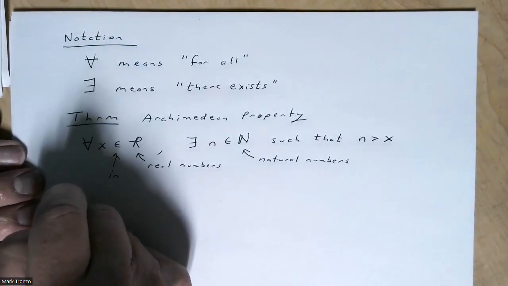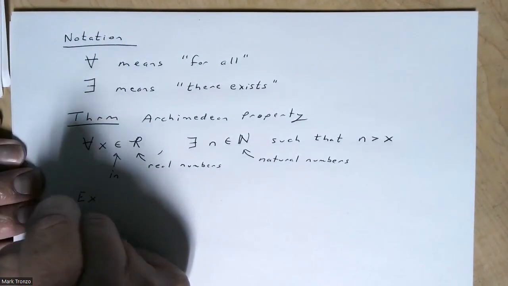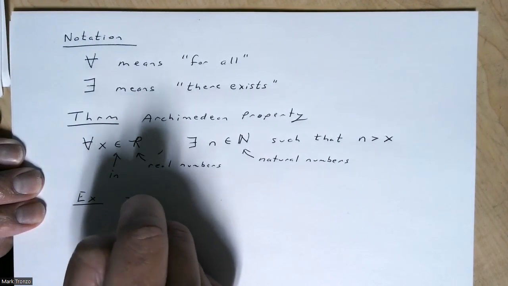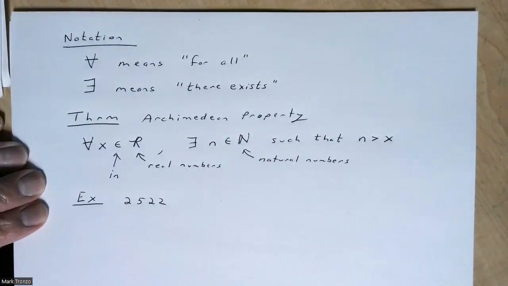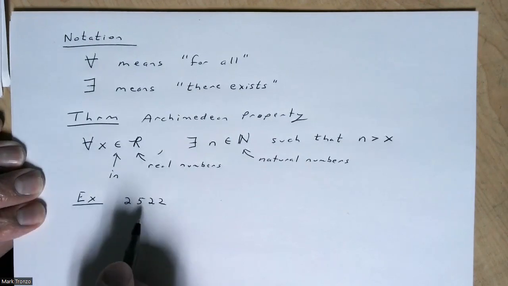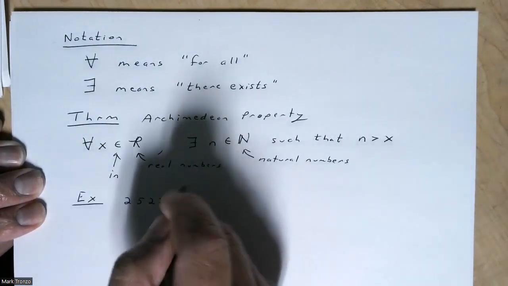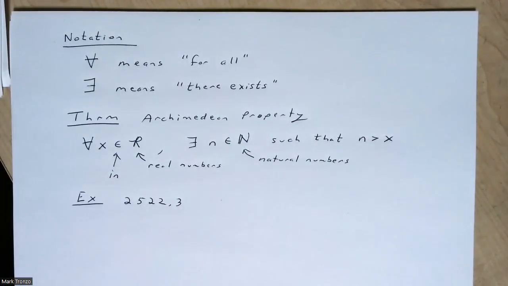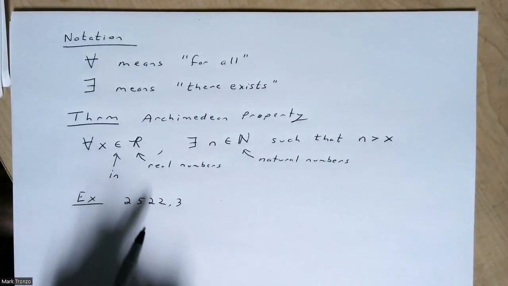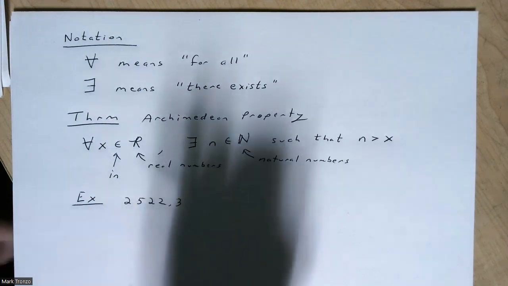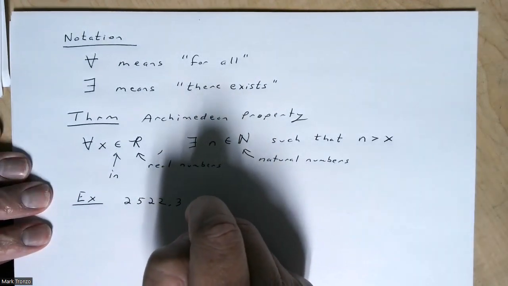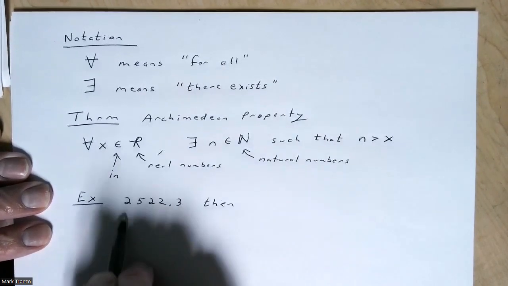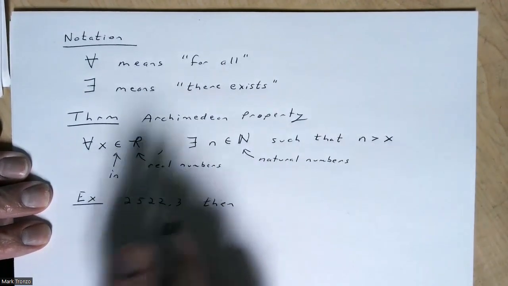So for example, you can just pick a number, say 2522.3. Then there is a natural number, and you have many different options.